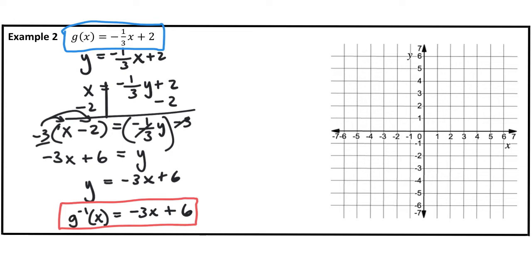G because the original function had a g, and so I'm going to use g for the inverse. And so then the next thing we would graph is the diagonal. I'm going to use purple for that, but just going to go across the diagonal here. Make sure it's a dashed line, not a solid line.